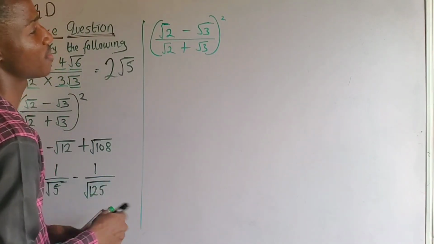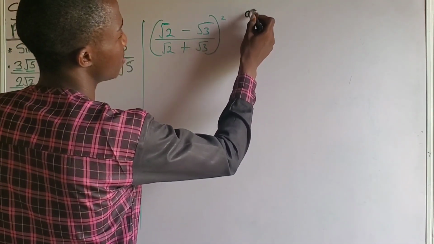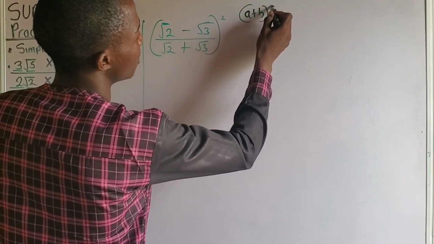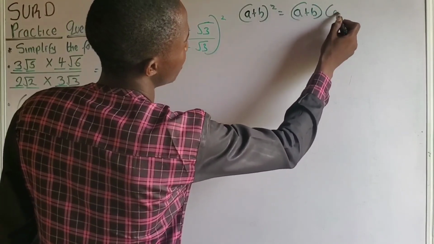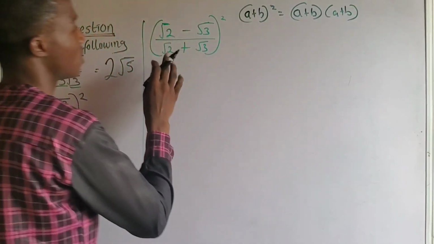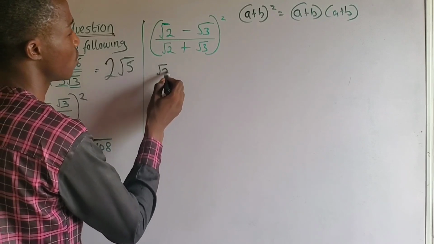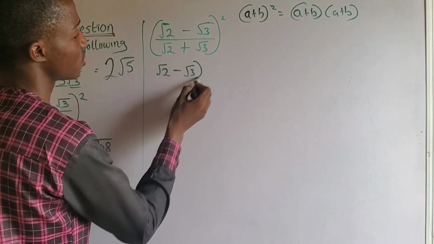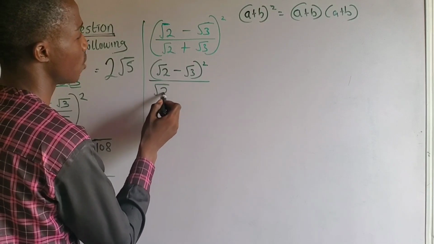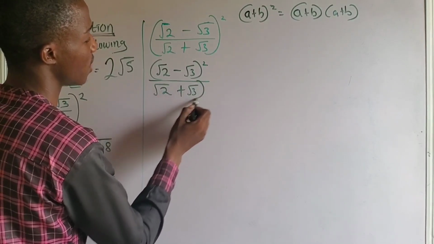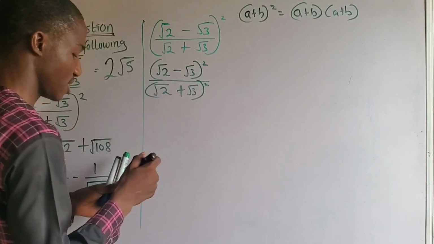Now, if we have, please listen, a plus b squared, that can be written as a plus b multiplied by a plus b. So, for this, I'm going to have root 2 minus root 3 squared all over root 2 plus root 3 squared. Are you getting it?